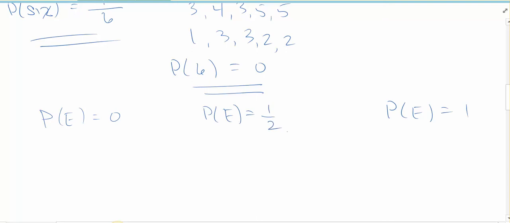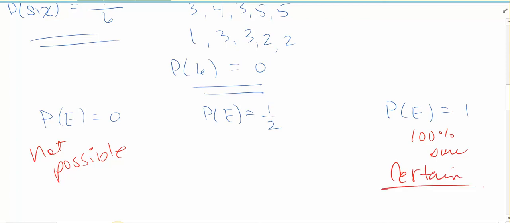And what do these mean? Well, if it's 0, then we're talking about it's not possible at all, like at all, okay? Like 0 chance that you're going out on a date this Friday. None. All right. And if the probability is 1, that's 100% certain. That's a sure thing. So we say this is certain to happen.